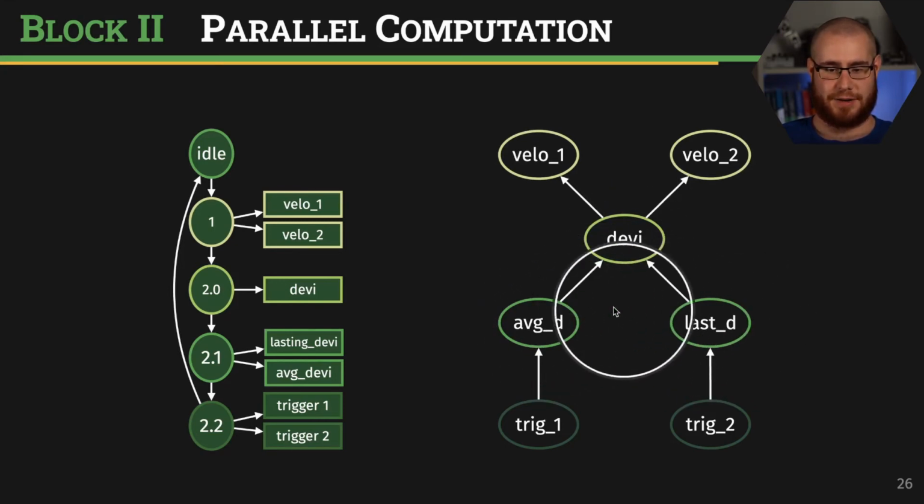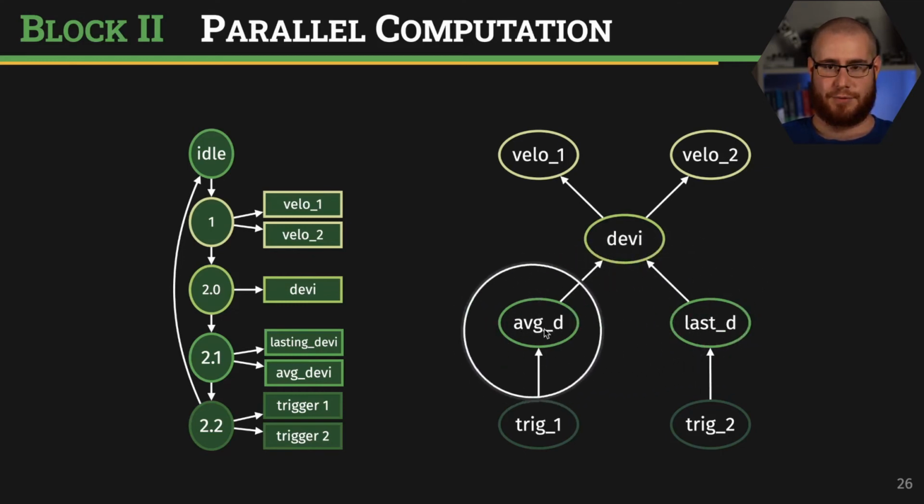However, they do not depend on each other. So it doesn't matter in which order we evaluate these 2 streams. In particular, we can also evaluate them in parallel. And this parallel execution comes for free in a hardware setting. So that's something we want to do.